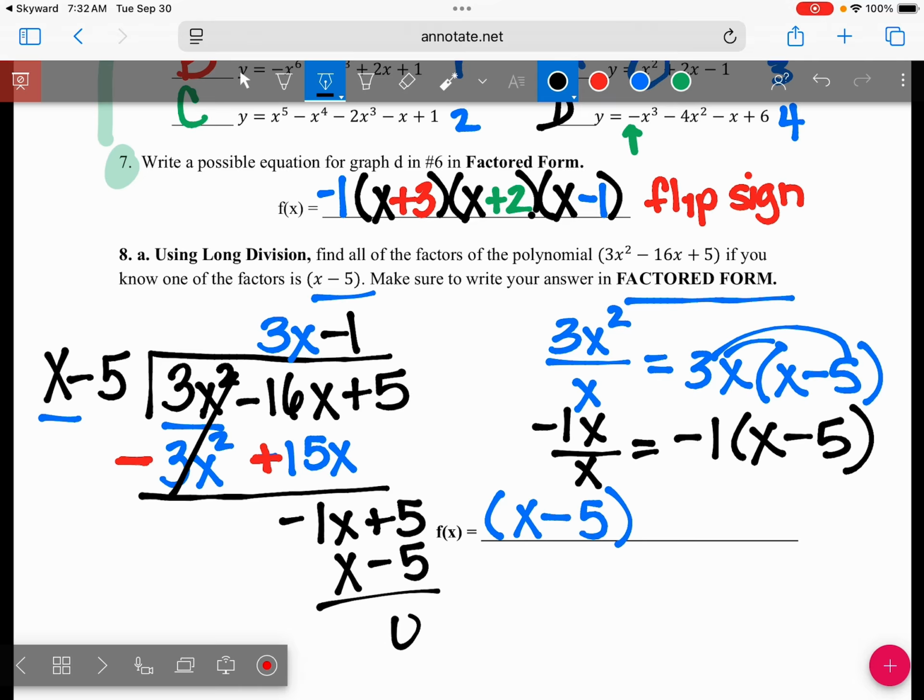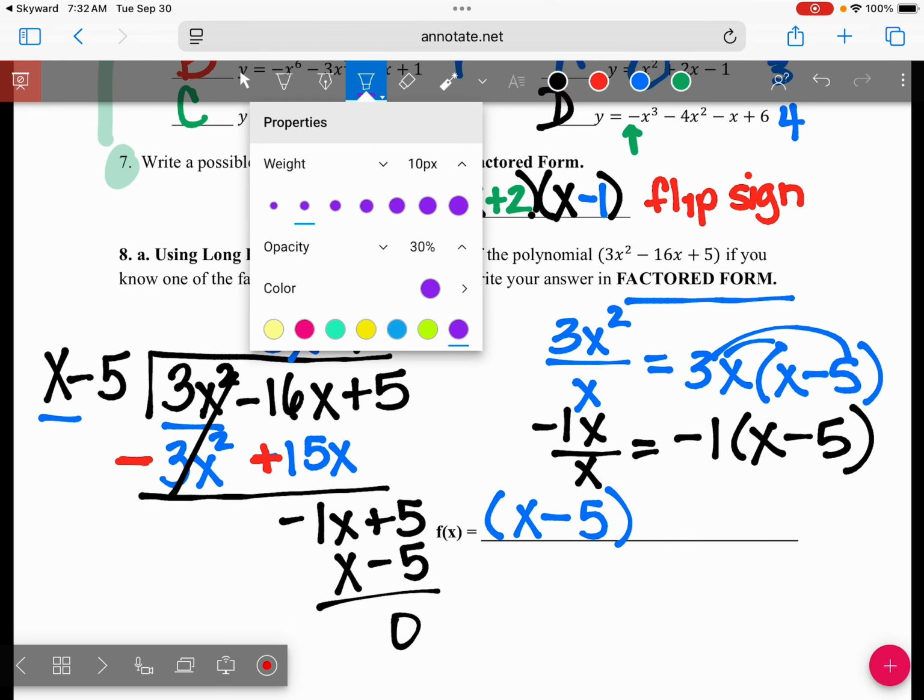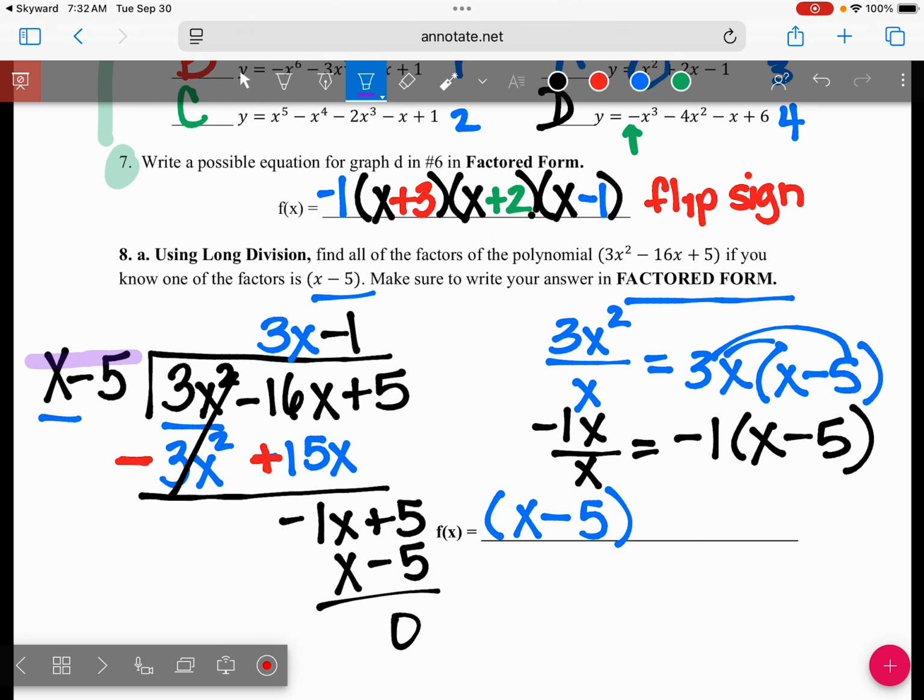So I have my remainder of 0. And whatever is on the roof, that is your second factor. So this is my first factor, which we already wrote down here. This would be my second factor. And that is your two factors.